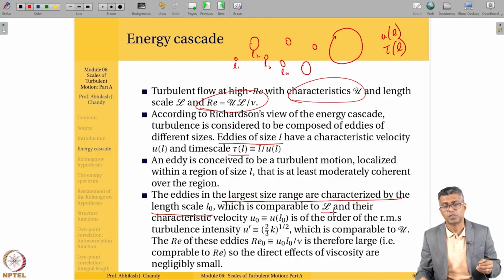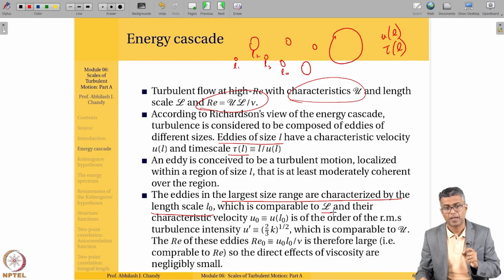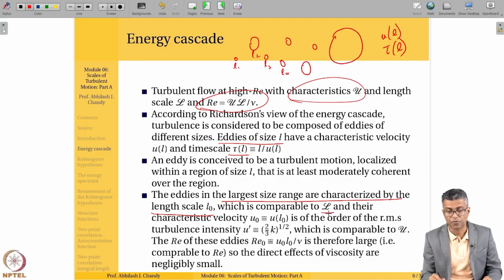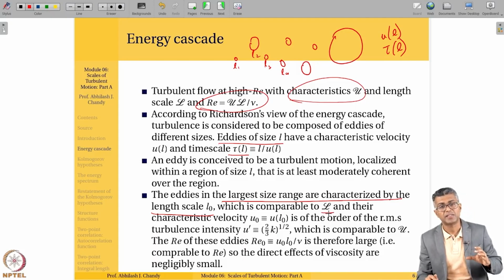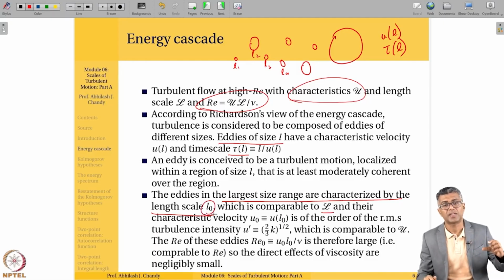Like the diameter of the nozzle, the diameter of the cylinder, the channel width. But L0 is different. Capital L is something you have information about even before you start the flow, whereas small L0 is the largest length scale of the flow.